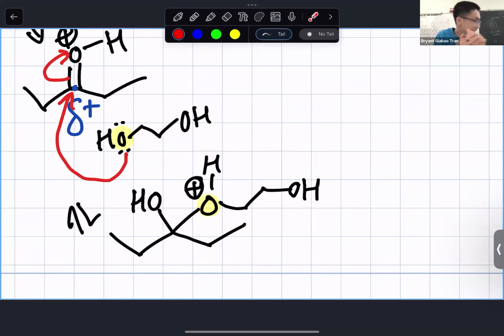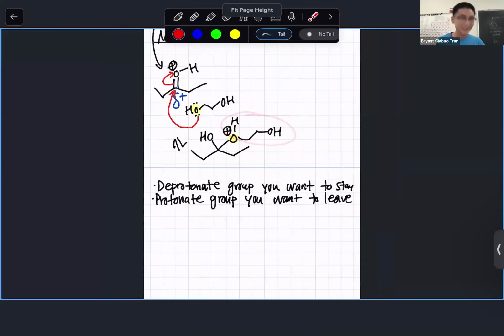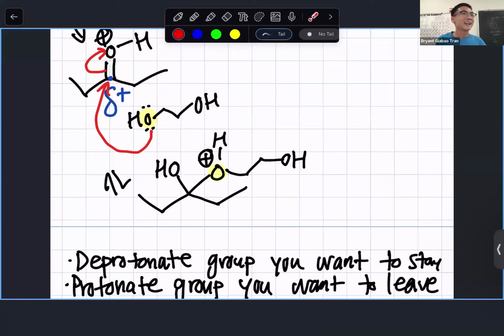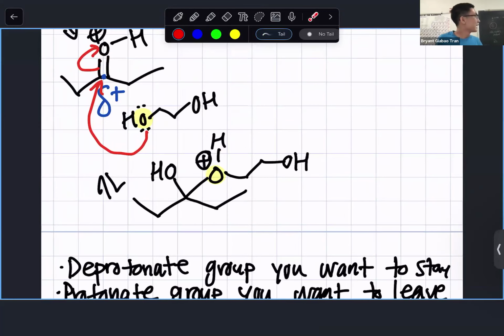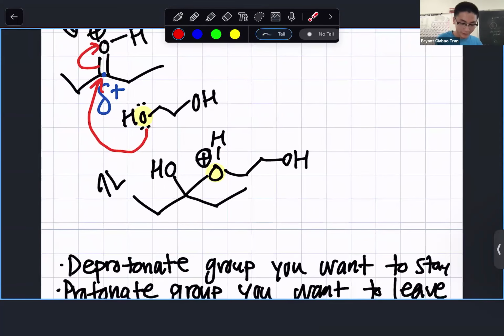How can we make this into a bad leaving group here if we want it to stay? So how can we make this neutral here? Like this positive charge oxygen, how can we make it neutral? Okay. Yeah, deprotonate it by taking out the hydrogen, and that bond between the oxygen and hydrogen gives it a set of electrons.